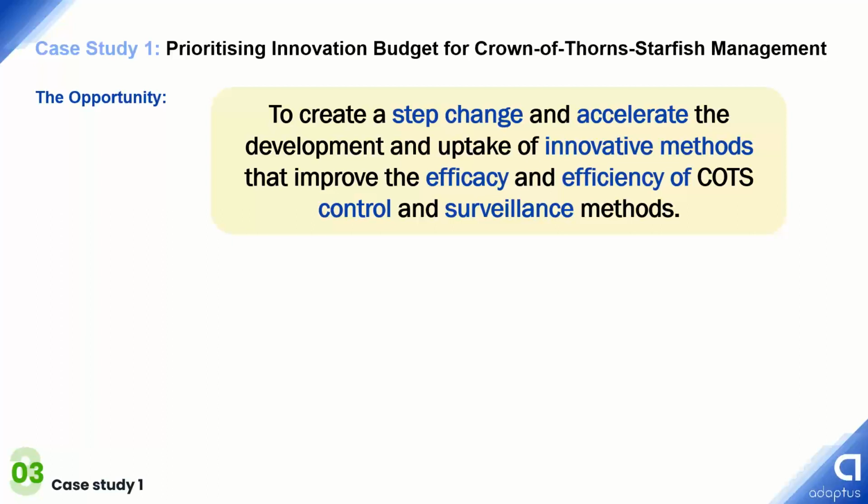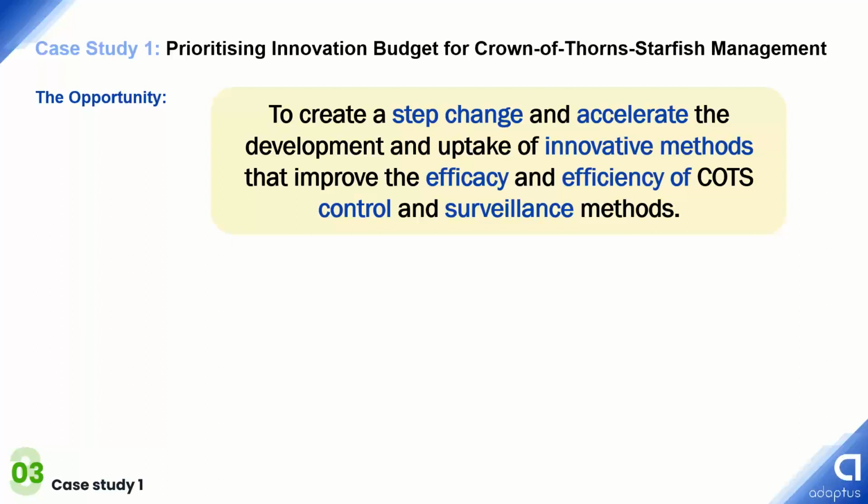So the first case study we'll talk through today pertains to crown-of-thorns starfish. As many of you know, it's a major pest issue here in Australia on the Great Barrier Reef. And there's a lot of money currently spent on managing crown-of-thorns across the reef.